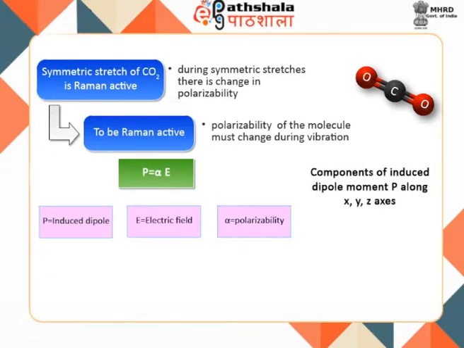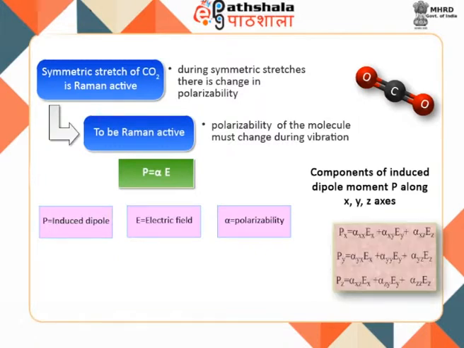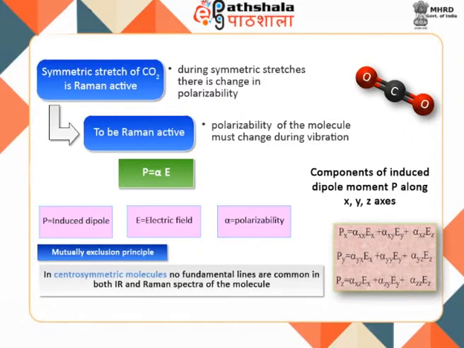Components of the induced dipole moment P along the X, Y, Z axes are written as shown. But for centrosymmetric molecules, there is a selection rule defined as the mutual exclusion principle. According to this rule, in centrosymmetric molecules, there will be no fundamental lines common to both the IR and Raman spectra of the molecule.